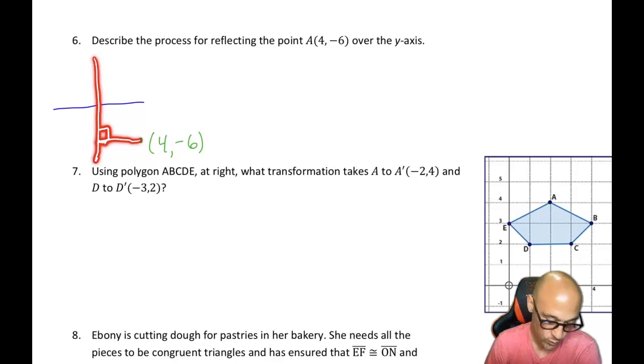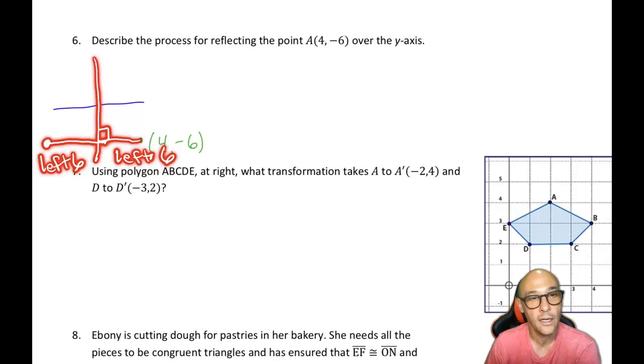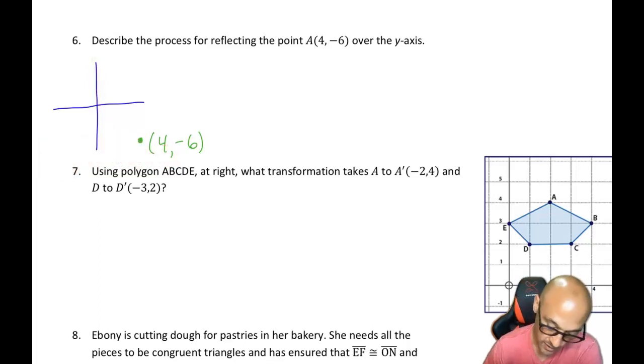So we count in a way that we intersect at a 90-degree angle with the line of reflection. And however many units we had to count, we have to count that many in the same way the other way. So because we moved to the left 6 units to intersect at a 90-degree angle, we have to move to the left 6 more units on the other side of the y-axis.